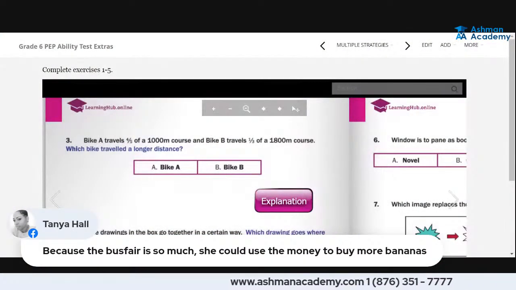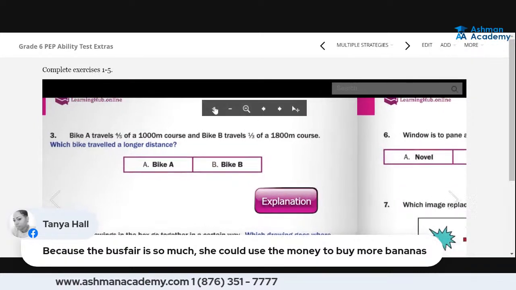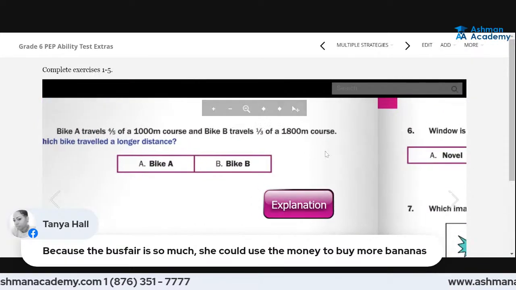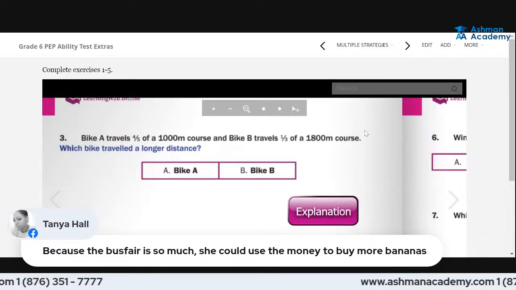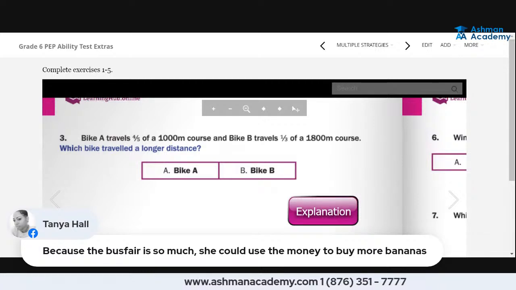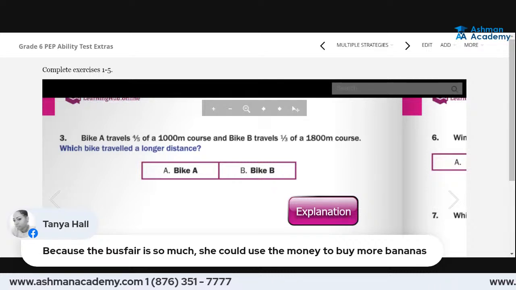All right, so this question says, let me see if I can get that a little bit bigger. It says bike A travels 4/5 of a 1,000-meter course, and bike B travels 1/3 of a 1,800-meter course. Which bike traveled a longer distance?